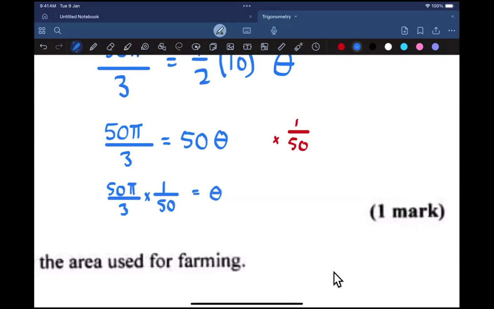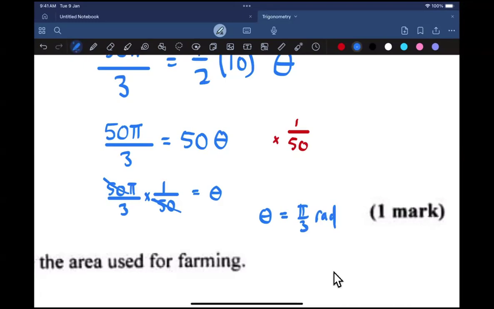Wouldn't the 50s cancel? Yes, 50 will cancel off. So theta will be equal to how many degrees? Radians. Theta over 3? No, how did you get theta over 3? What does the symbol represent? Oh, pi, I just mixed them up. Pi over 3. Right, so theta is equal to pi over 3 radians.